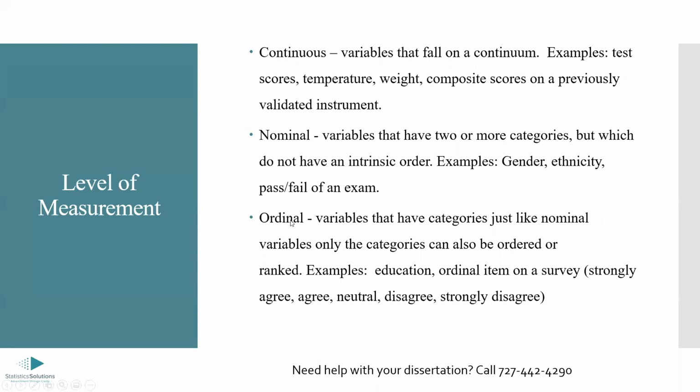So this would be an example of an ordinal variable. Another example, kind of tying back to the continuous example, would be looking at a single Likert scale item or a single ordinal item survey. So strongly agree down to strongly disagree. If you're only looking at this question on its own, this is an example of an ordinal variable.